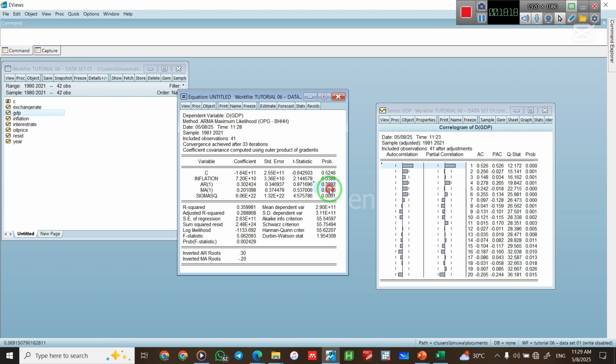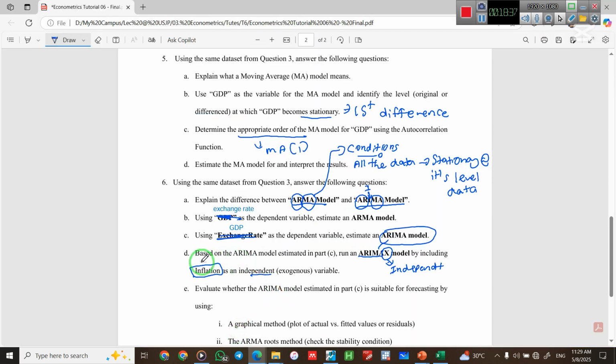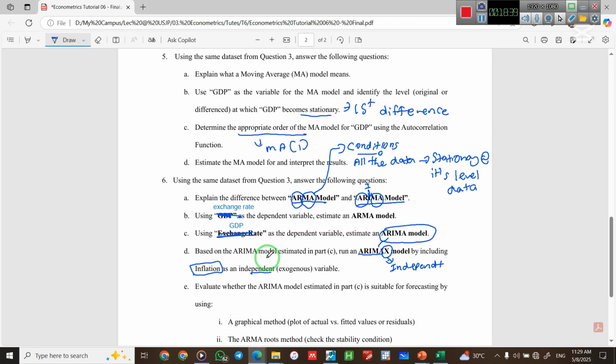But both of these AR and MA terms don't have a significant impact, because their values are greater than 0.05, that means they are not significant, right? So this is the output for the ARIMAX model. So if we move to the tutorial, now we have done with part D as well.